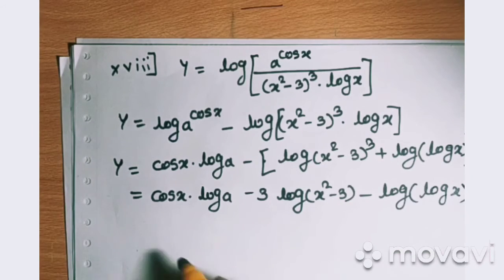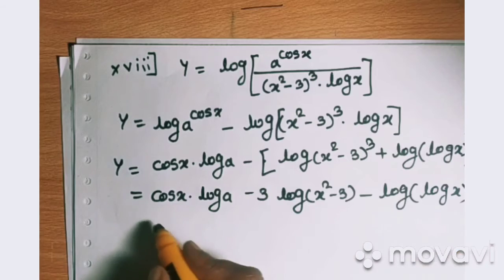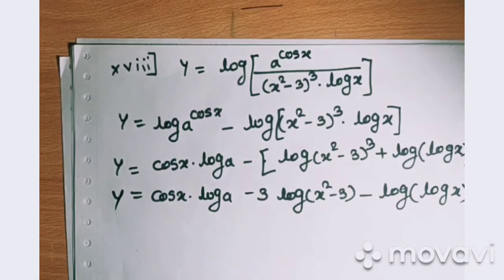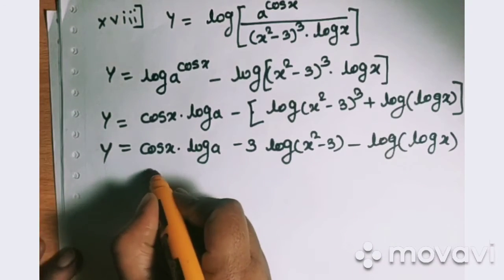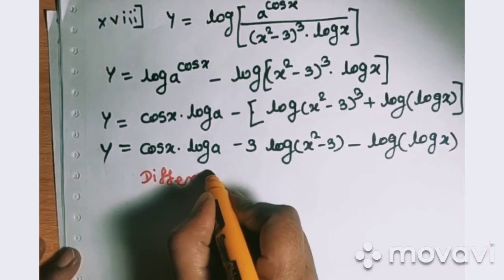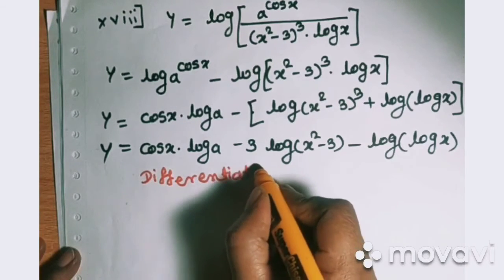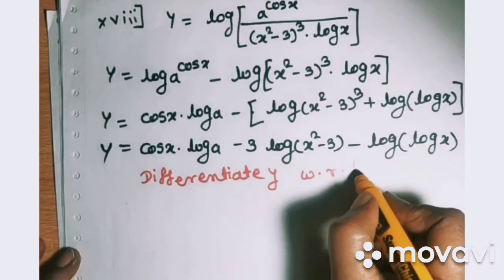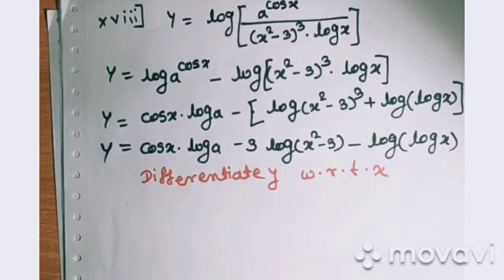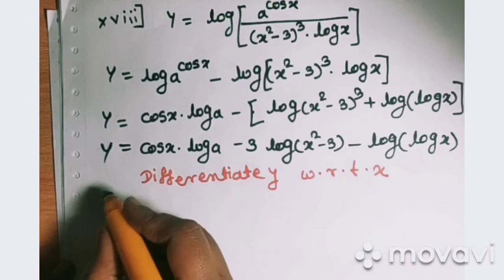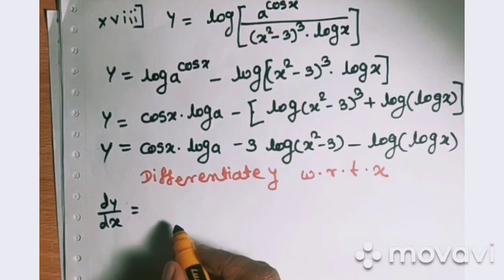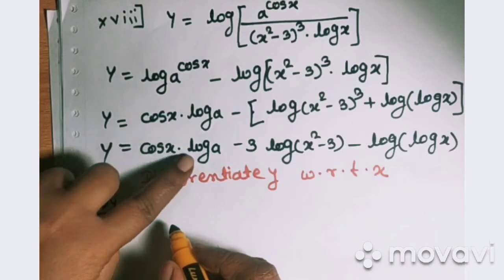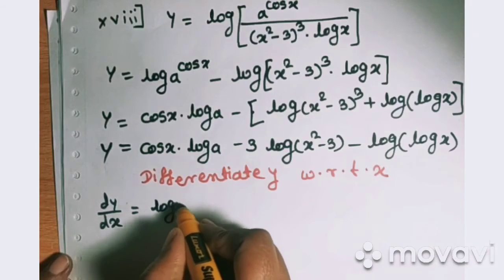Okay, and after simplifying we have to differentiate this y with respect to x. We get dy by dx is equal to the derivative of cos x, log of a keep as it is because it is constant.